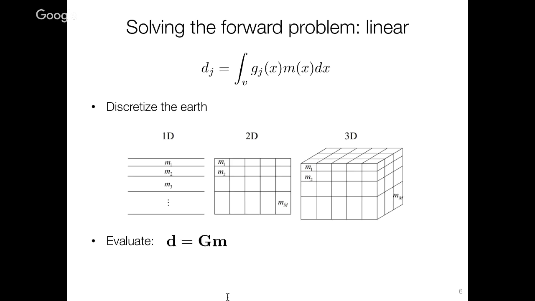We can always discretize this in such a way that we write that the data, which could be now a vector, is some matrix G times M. So M is going to be a vector with however many cells you have, whether it's 1D, 2D, or 3D. And we'll use capital M as a descriptor for how many parameters, how many cells that we actually have.